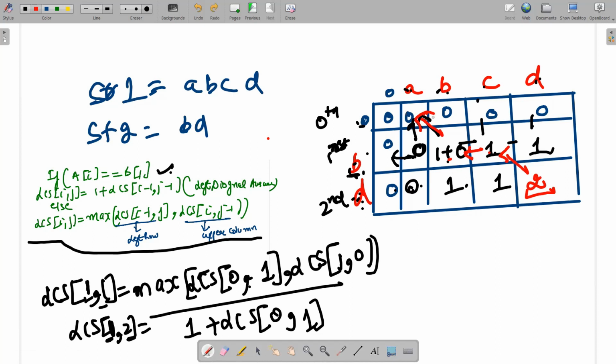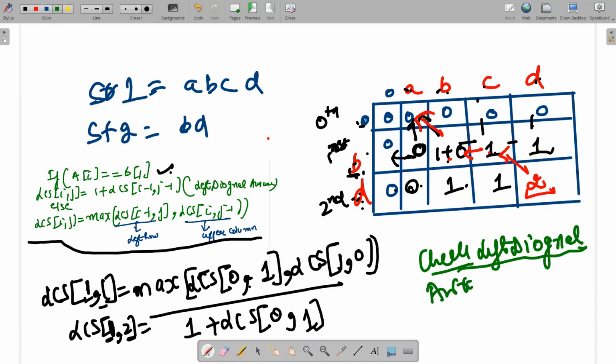Now, what you have to do is check the left diagonal arrows that you have made, just check those.